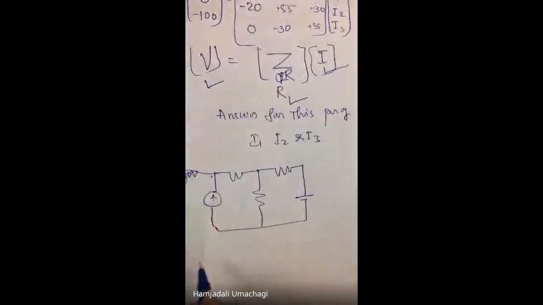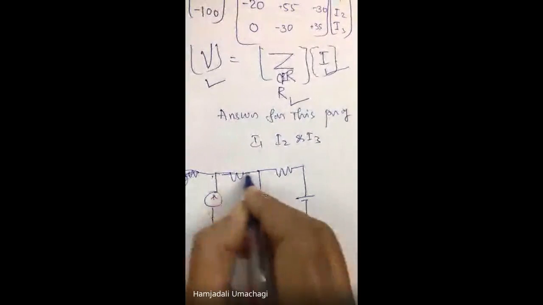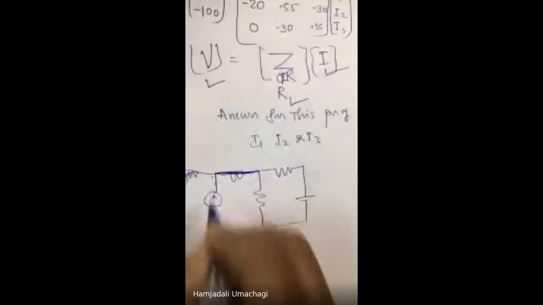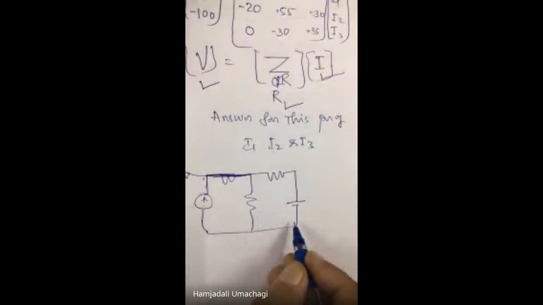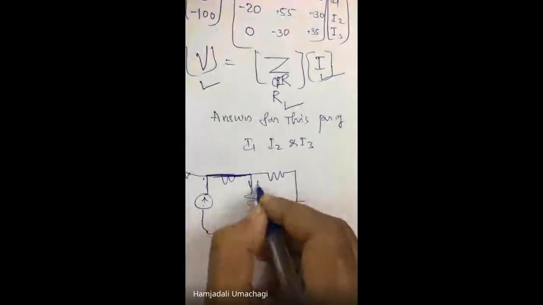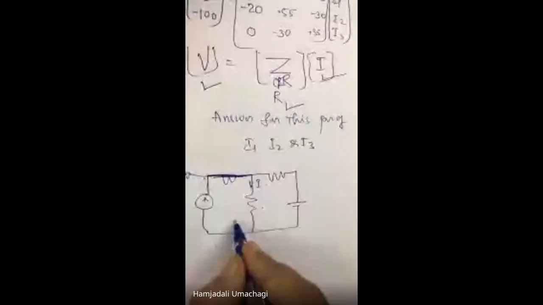Okay, I'll take this much only. I'll not take this resistor. How many loops are there in this circuit? See, my objective is to find a current I. You can do it by source transformation.